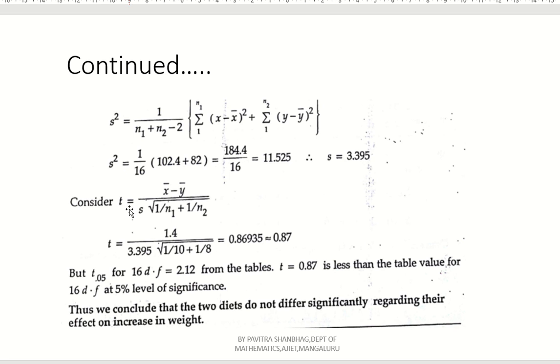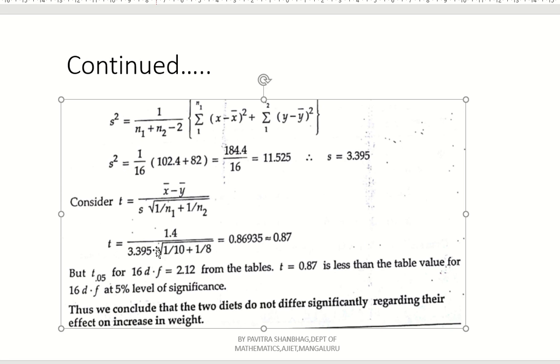What is t, student? T distribution: x bar minus y bar divided by s into root of 1 by n1 plus 1 by n2. Simplify here: 1.4 divided by 3.395 into root of 1 by 10 plus 1 by 8. You will get 0.86935, which is near to 0.87. But what is the actual value of t 0.05?